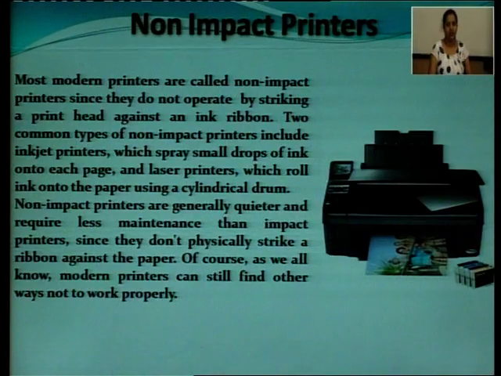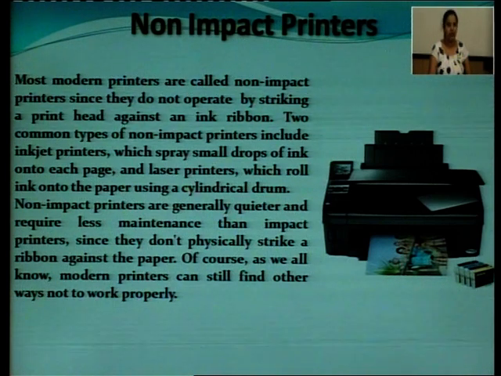The next category of printers is the non-impact printer. The most modern printers are called non-impact printers since they do not operate by striking a print head against an ink ribbon. The two common types of non-impact printers are the inkjet printer, which sprays small drops of ink onto each page, and the laser printer, which rolls ink onto the paper using a cylindrical drum.